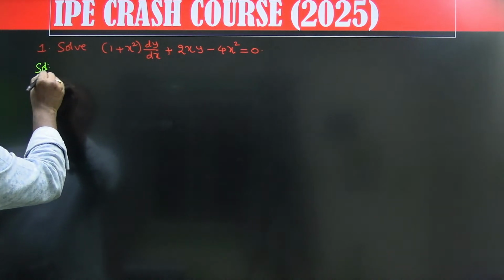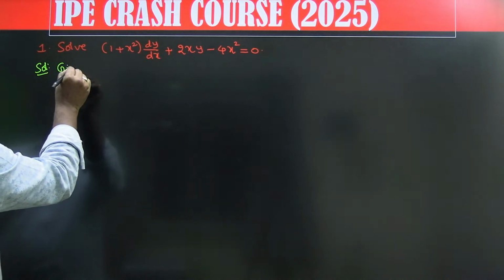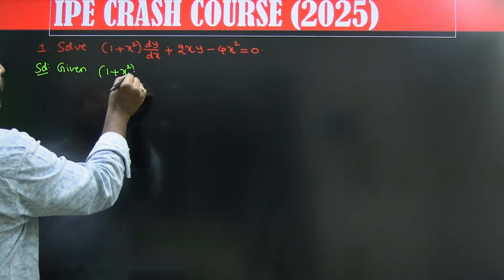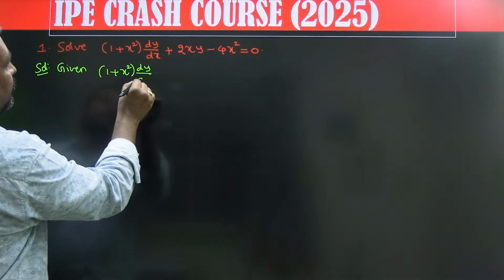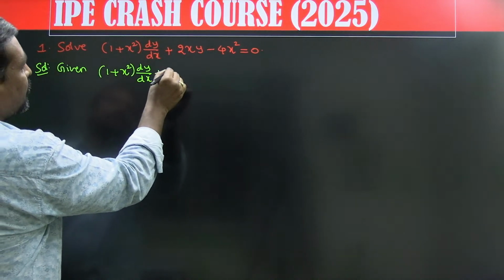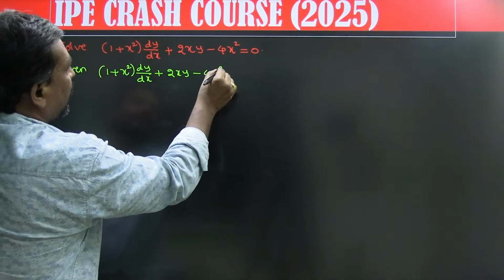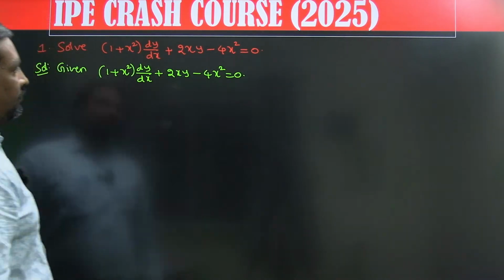First, we have the given equation: (1 plus x square) into dy by dx plus 2xy minus 4x square is equal to 0.